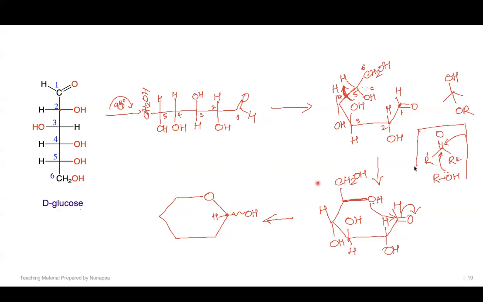This carbonyl carbon here is sp2 hybridized, so it is planar, therefore the nucleophilic attack can happen on both sides. However, we can get one of the isomers predominantly based on the stability of the formed structure, or also based on the steric repulsion that you get.